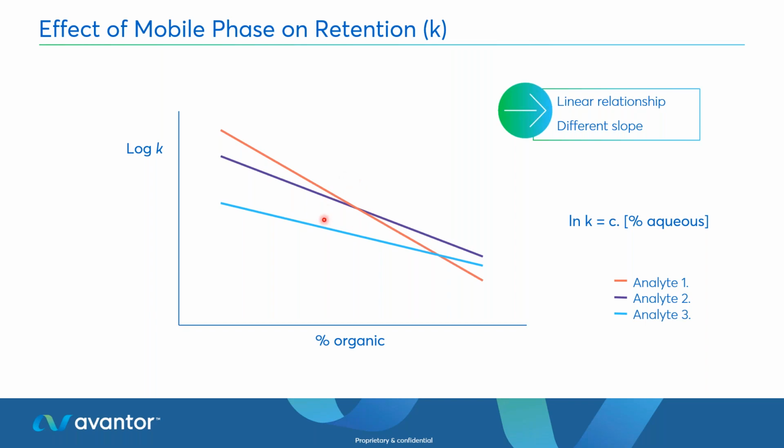So we can easily see this is a bad place to work. Maybe I want to work up here at a high percentage organic, but I've got quite long retention times.